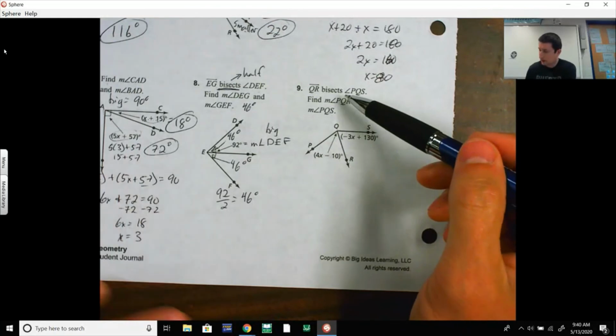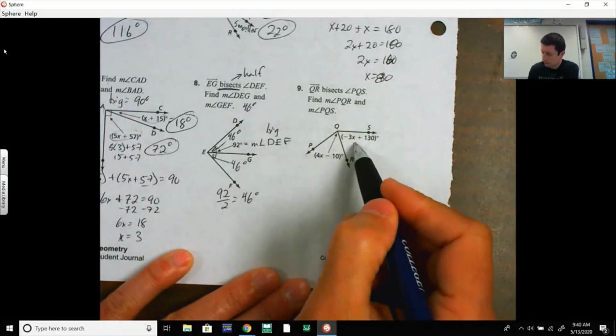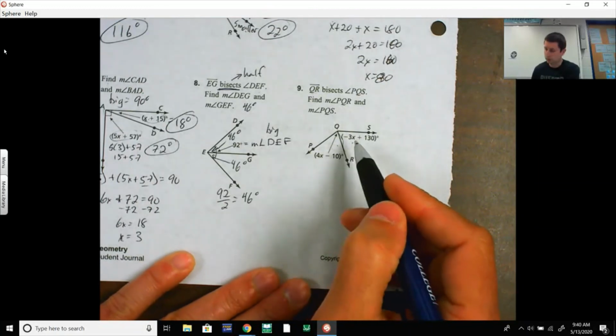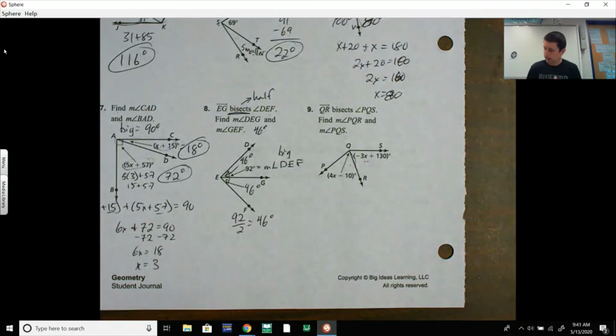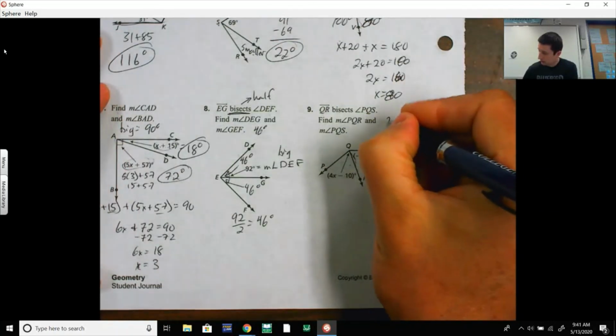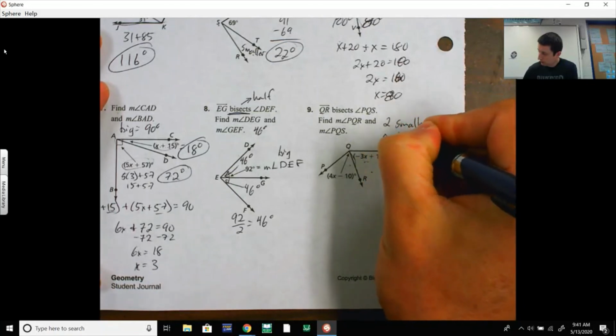Okay, a little bit different setup here. QR bisects PQS. They want the measure of these two angles. QR is cutting these two in half. We don't have a total. This is different than number 6 and number 7, where we knew two angles added to 180, two angles added to 90. These two angles equal each other. So the two smaller angles equal each other.